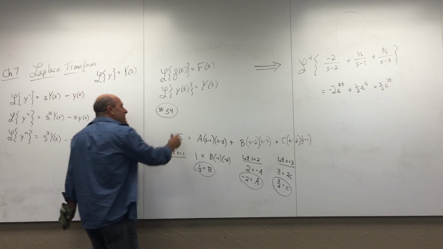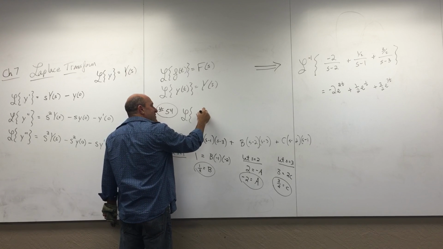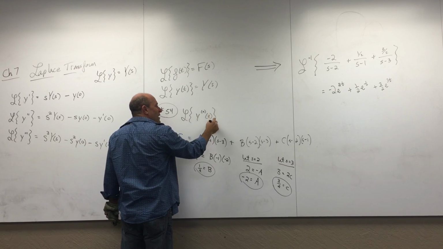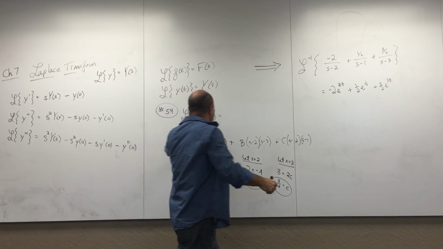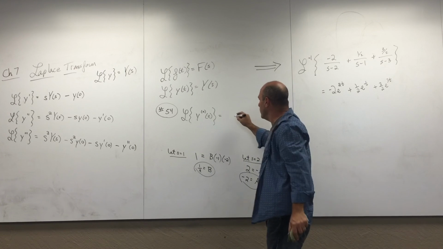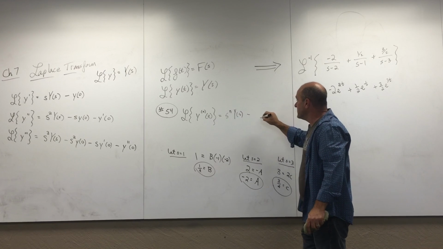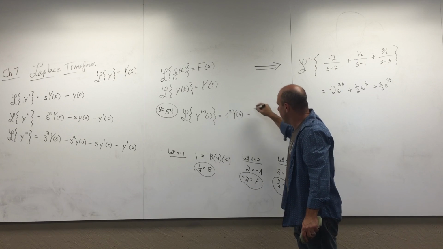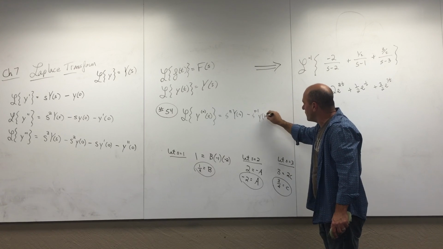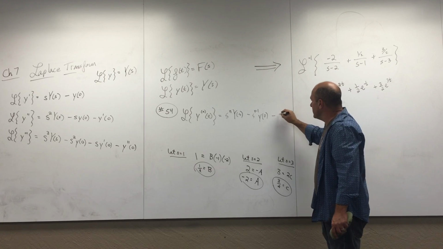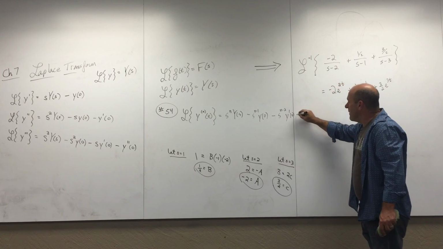In number 54, they tell me how to do the Laplace of the nth derivative of t. By the way, instead of y, they use f. I'm going to use y. So how do I do it when it's an nth derivative? I got to do s to the n big Y of s minus s to the n minus 1, right, he drops a power, and then the initial condition jumps on there. Minus, he drops another power, the next initial condition jumps on there. Minus dot, dot, dot.